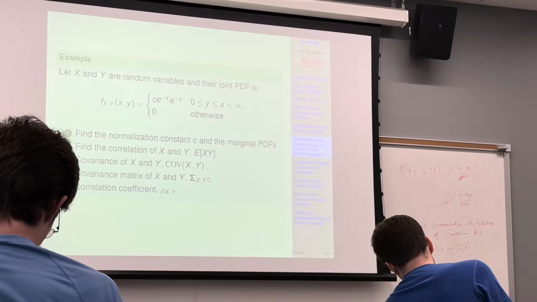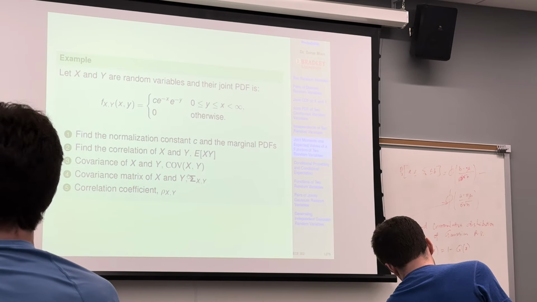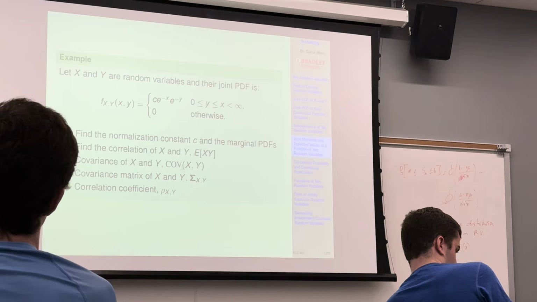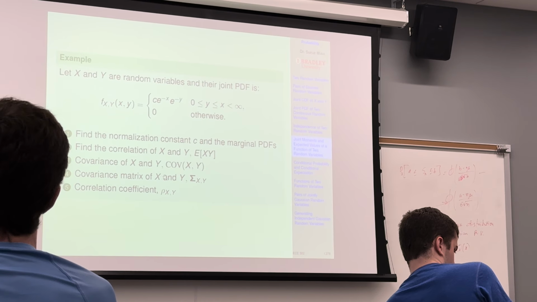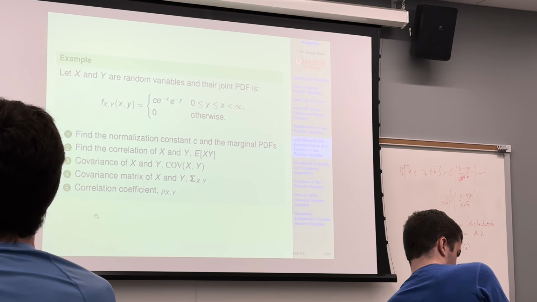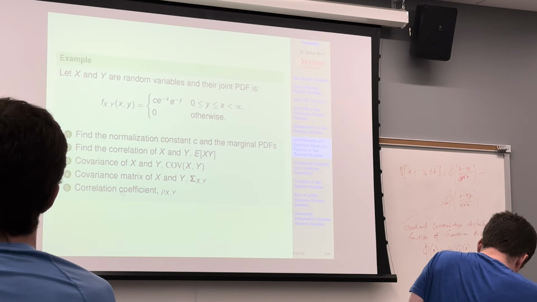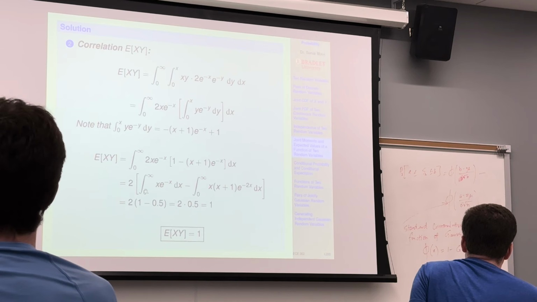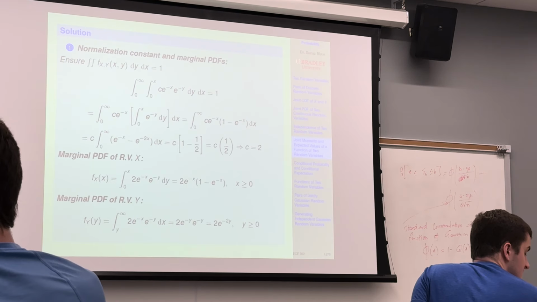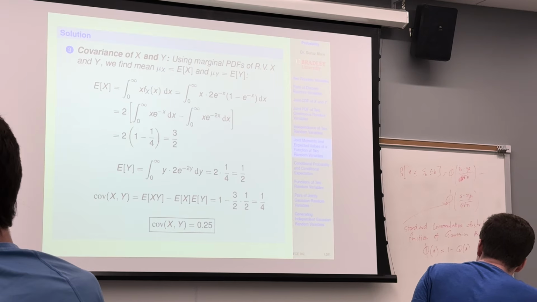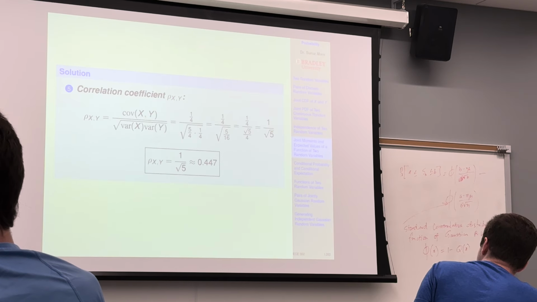It is called sigma XY, like a summation symbol, but it is the Greek symbol sigma. Finally, the correlation coefficient. So we have part 1, part 2, part 3, part 4, and part 5, the correlation coefficient.